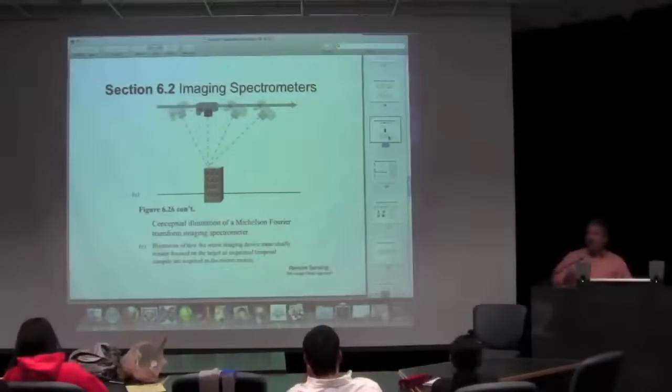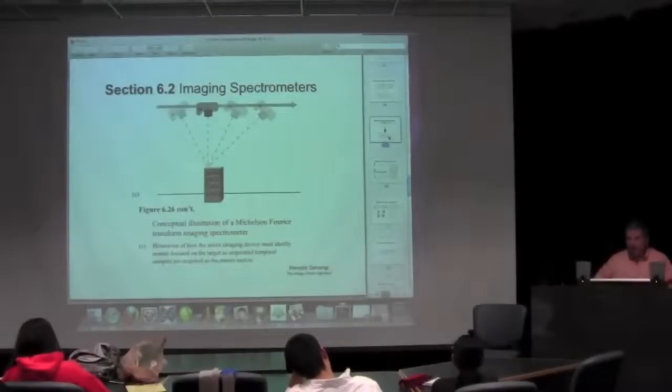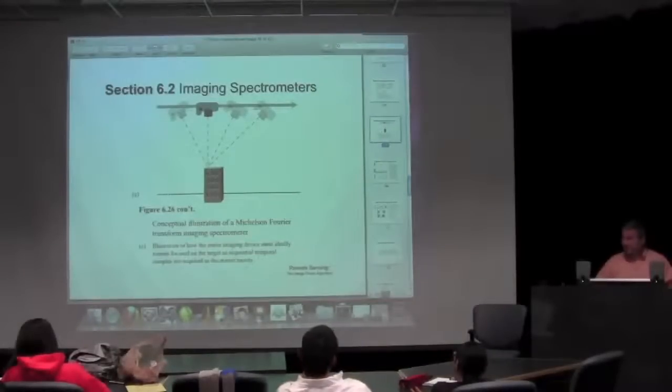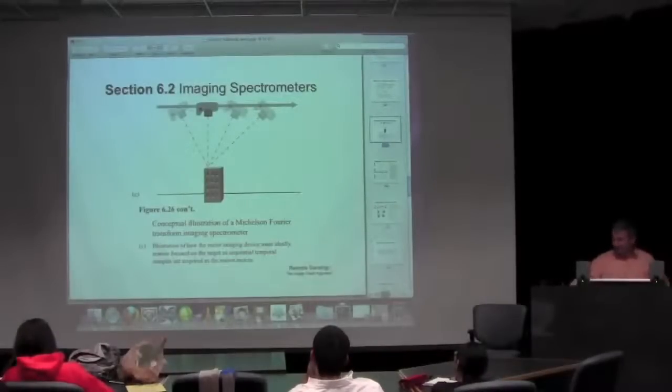So if I'm flying an imaging spectrometer like this that's based on an interferometer, the only way that I'm going to trust this data is if I fly in this direction and I take images of the point on this roof from all these different locations while I'm scanning my mirror. In other words, my object's not changing, right? That's not true, right? Because the projection's different. But this is the only way you're going to be able to use these systems.